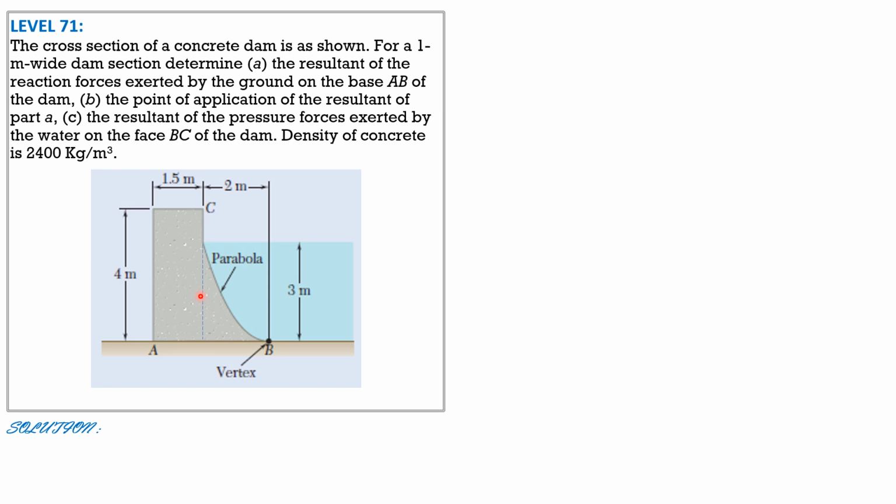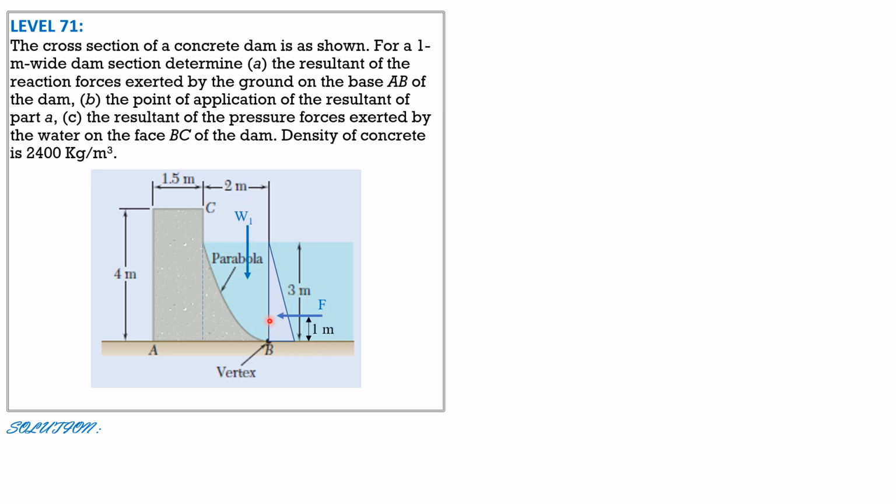We have a parabolic section and a rectangular section. The pressure distribution on the vertical projection of this face is triangular, 0 at the top, and at the bottom 9.81 times 3, or specific weight of water times 3. So that's F, and this is 1/3 of 3, so 1 meter.